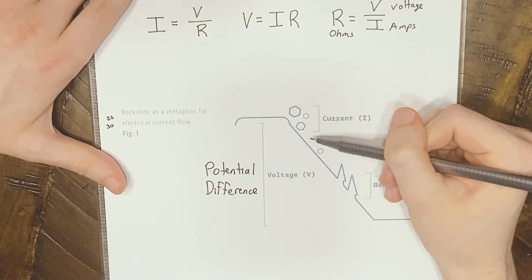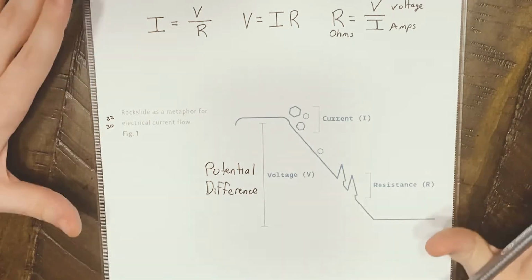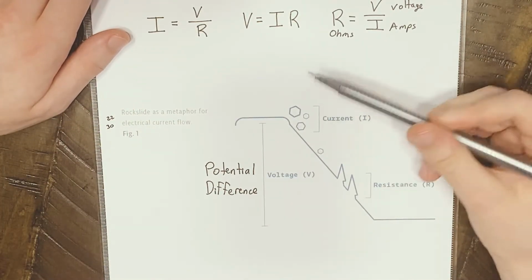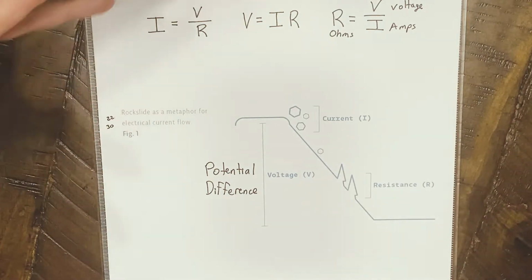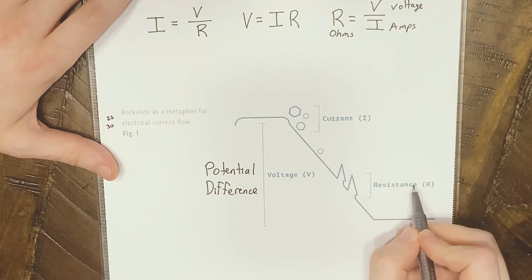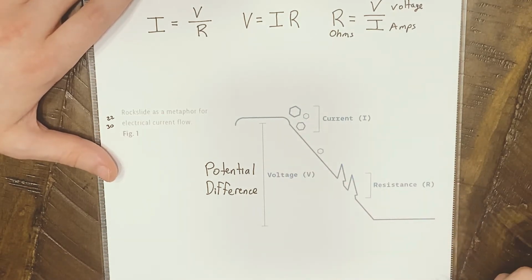Now, the rocks are going to get from here to here, factually. That's going to happen. But the question is, how fast is that flow? How much flow is actually going to be able to get through and get to the bottom? And that's what resistance is here, are these bushes, these trees that actually prevent the flow from coming down.